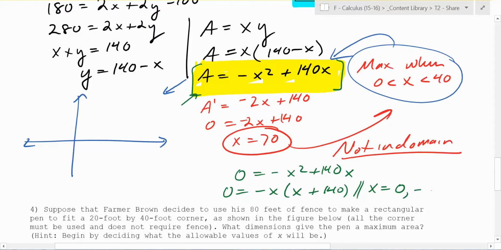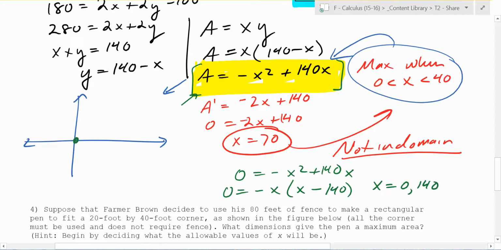I'm sorry, this has to be negative, I don't know why I pulled that out. I did want to factor out negative x, but if I factor out negative x, it ends up being x minus 140, right? So x will be either 0 or 140.